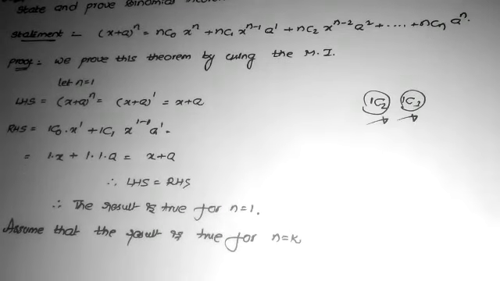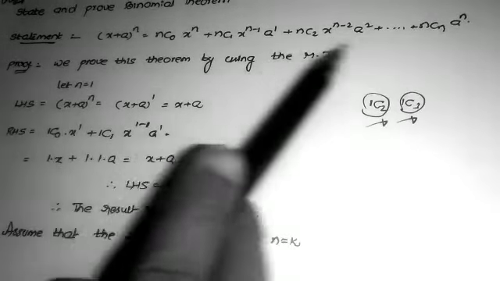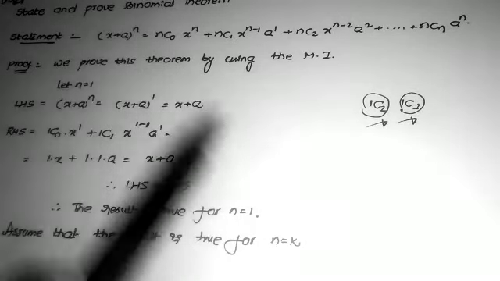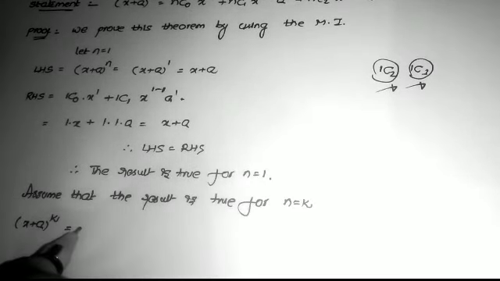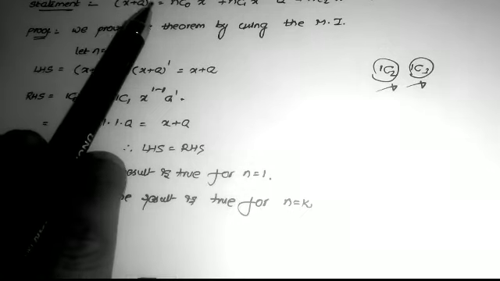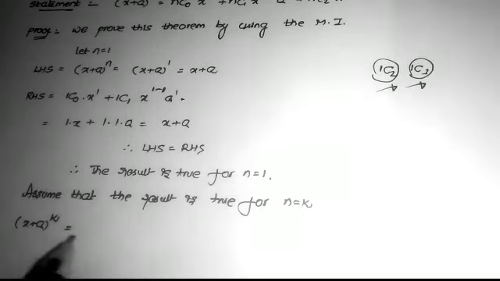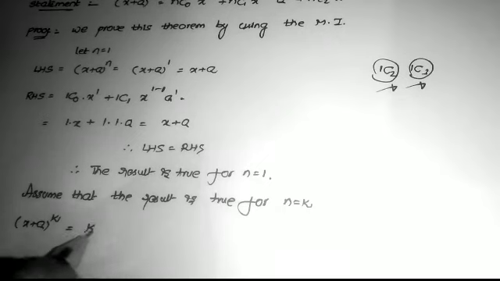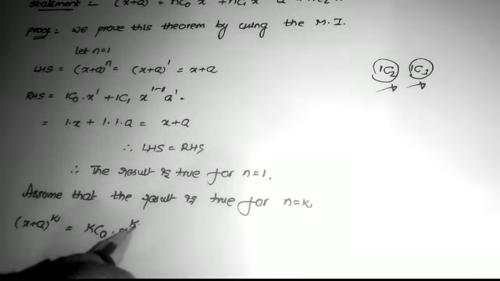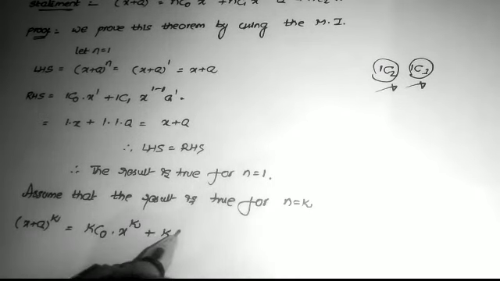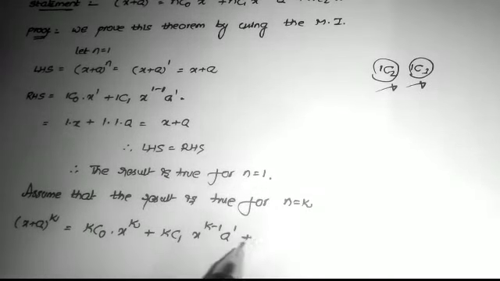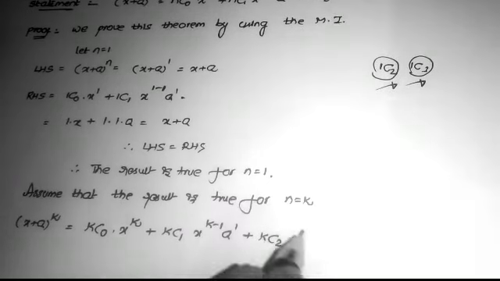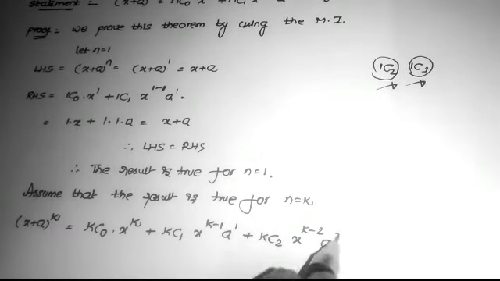in the given statement. Simply take the given statement and substitute n is equal to k. So the result becomes x plus a whole power k is equal to, replacing n with k, kc0 into x power k, plus kc1 x power k minus 1 into a power 1, plus kc2 x power k minus 2 a square, and so on.